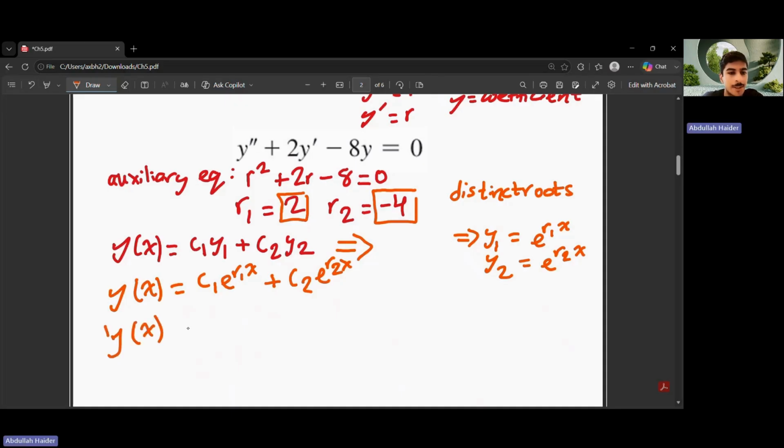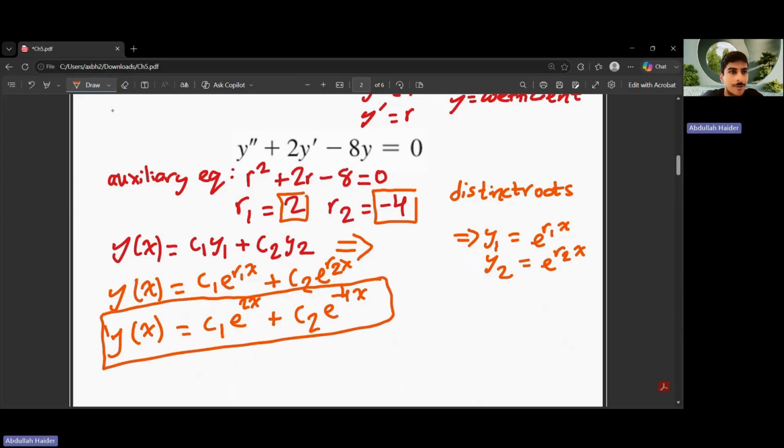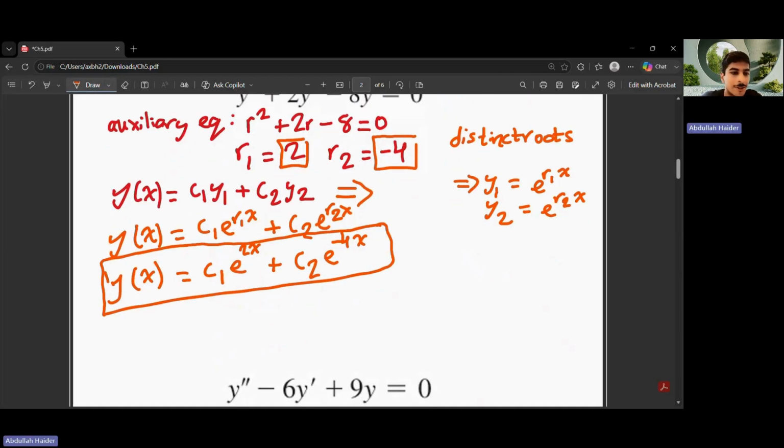y of x is equal to c1 e power 2x plus c2 e power negative 4x. This is our answer. One important thing to know is this answer is always the homogeneous solution.